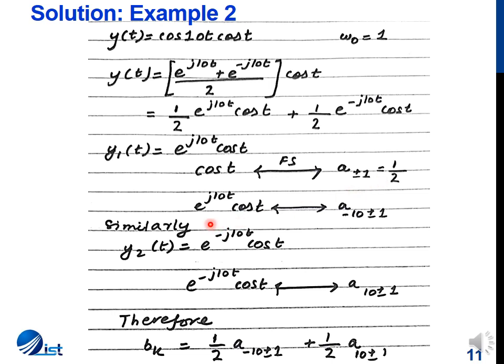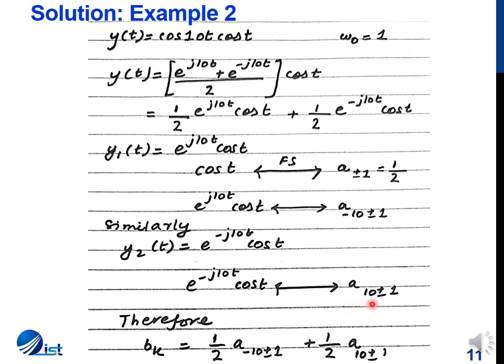When we multiply it by e to the power j10t, now we have a positive sign here. So over here, the spectrum will be shifted by minus 10 units. So we have a minus 10 plus minus 1. Similarly, for the second part, e raised to power minus j10t cos of t, the spectrum would be a 10 plus minus 1.